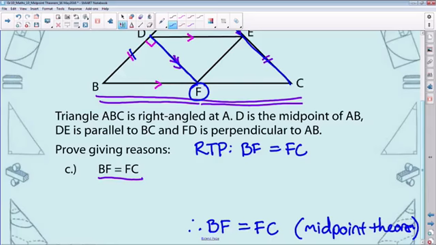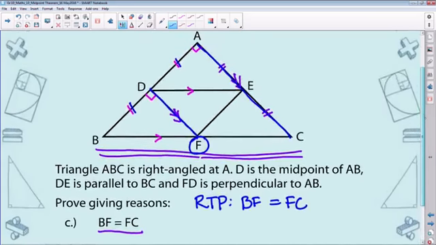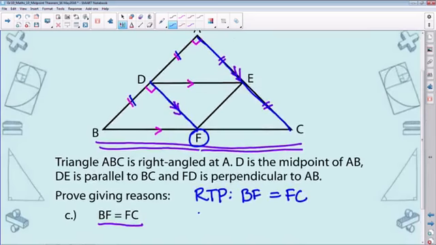Okay, but I can't just state that. I need to say why the midpoint theorem applies. So I say that AD is equal to DB. How do I know this? Because it was given right in the beginning. We were told this.